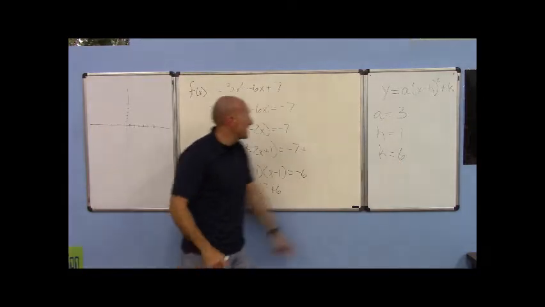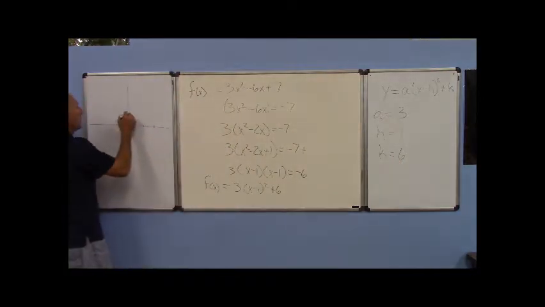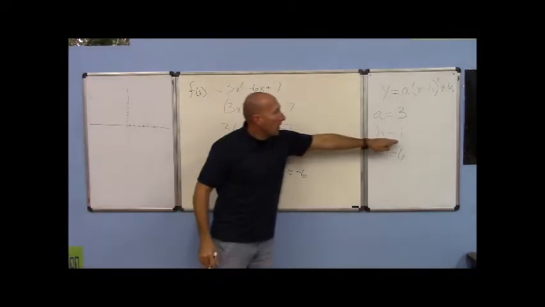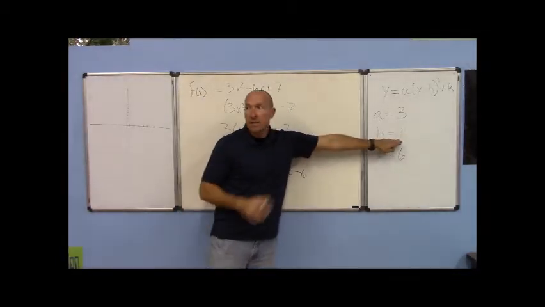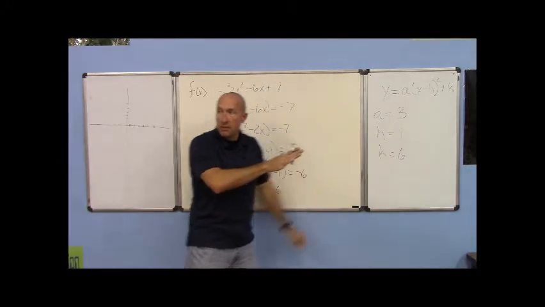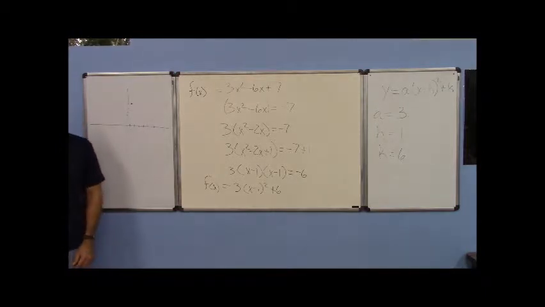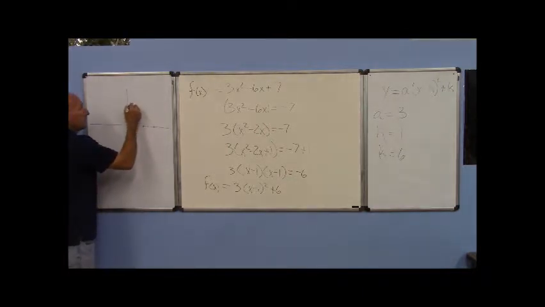It's translated to 6, right there. But it's also translated in the positive direction 1 unit along the x-axis. So over here. So this is our starting point. This is our vertex. Our vertex is going to be 1 and 6.